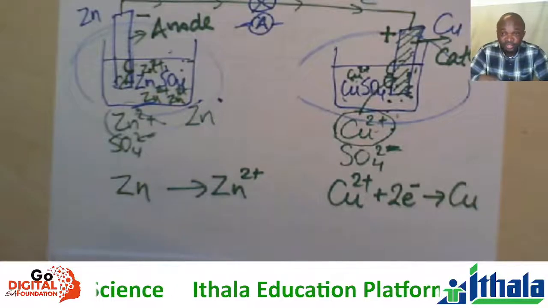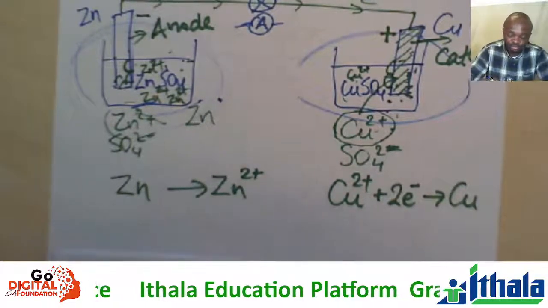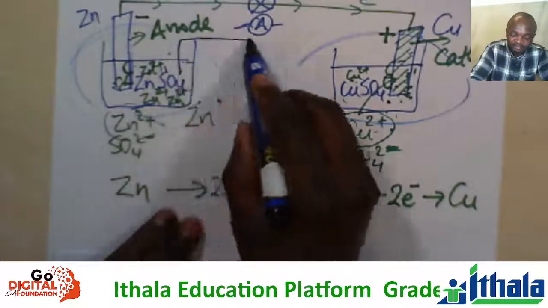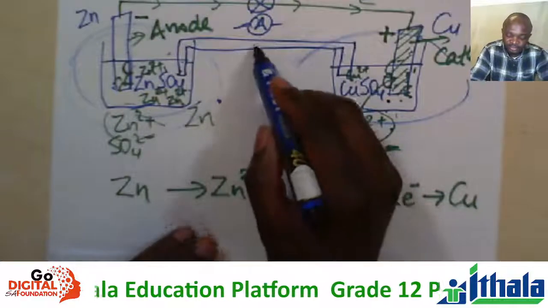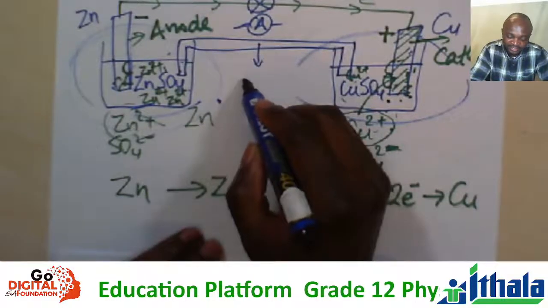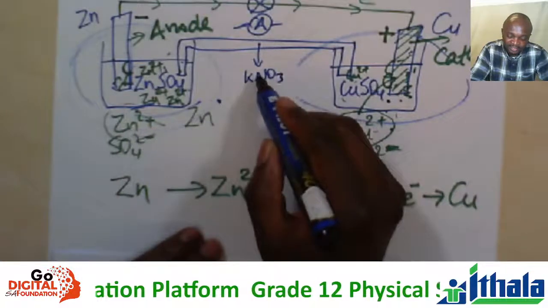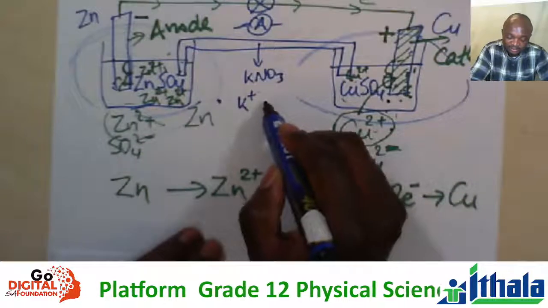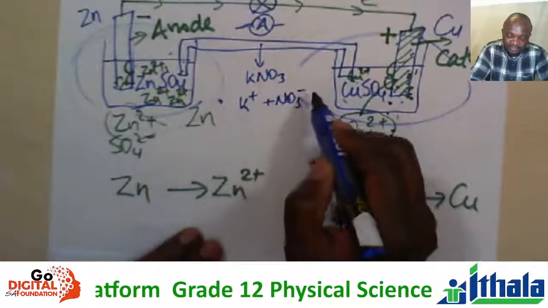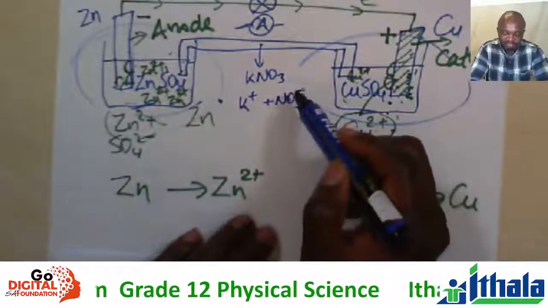To restore the neutrality of the solutions, we put in a salt bridge. This salt bridge contains a salt such as potassium nitrate. Potassium nitrate breaks down into K+ and NO3-, because it's a salt, a positive ion and a negative ion.